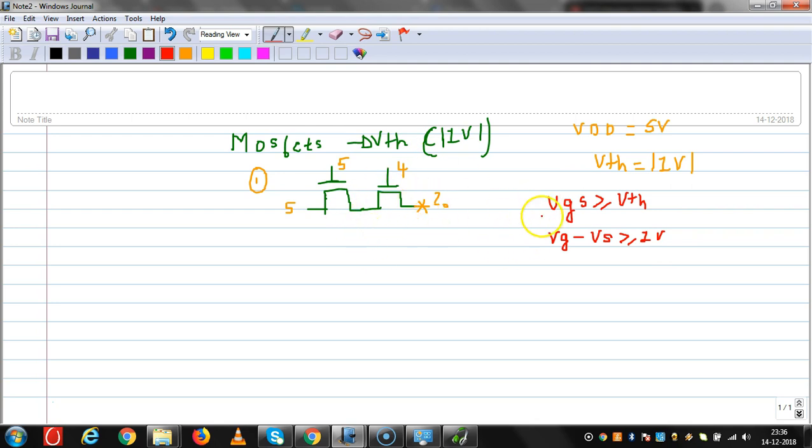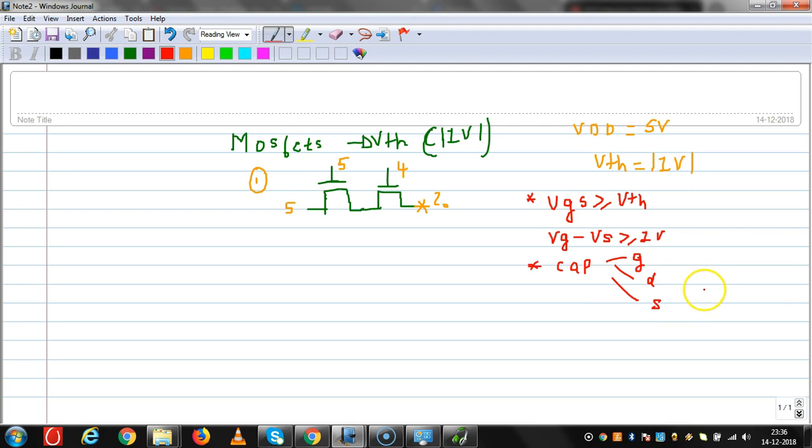Now, another thing, this is the first point, and another point is we must always consider the drain, the source, and the gates as capacitors. Either it can be gate or drain or source.